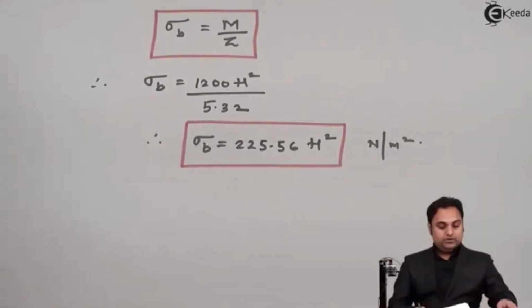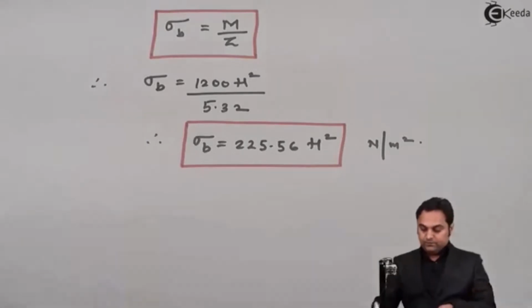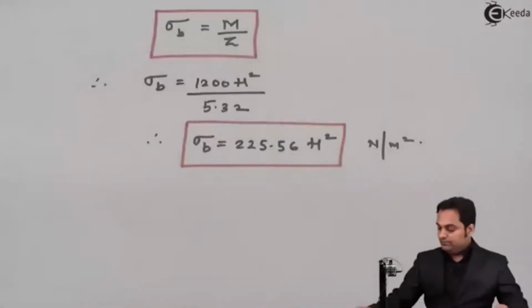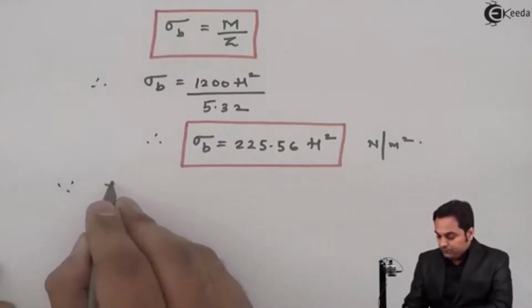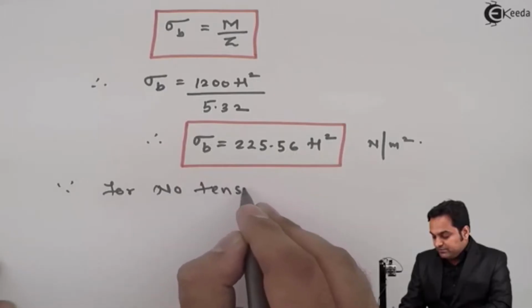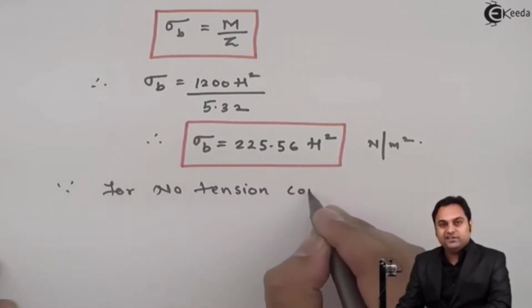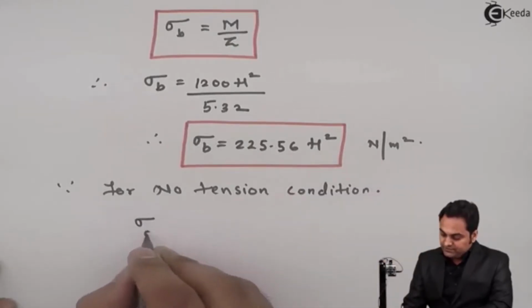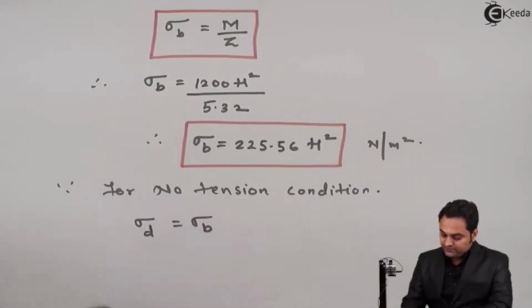Now once we know bending stress, in the problem it was given that there is no tension condition, so for no tension condition, which means only compression should be there, direct stress is equal to bending stress.